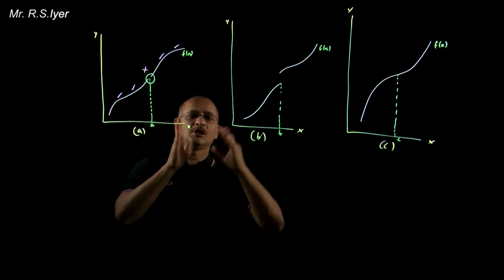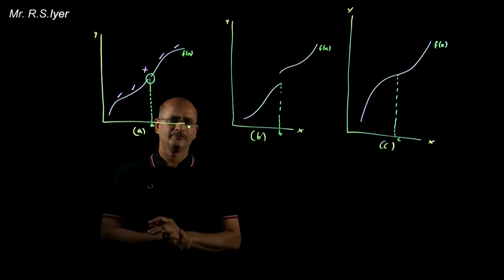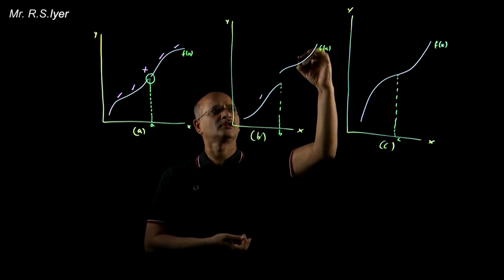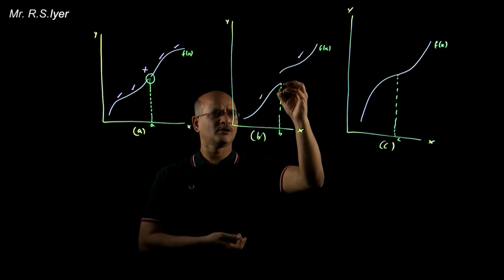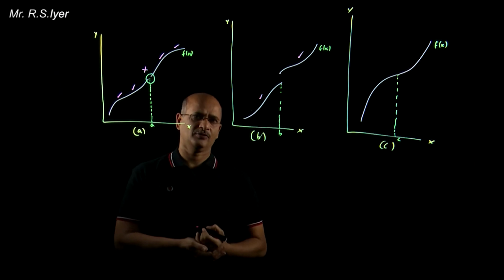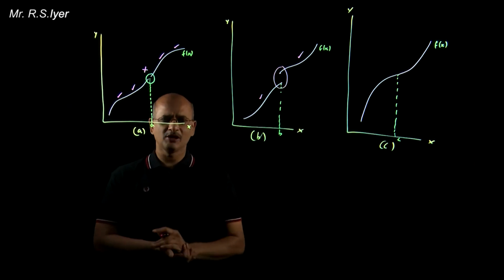Now, if I ask you to find whether in this graph the function is continuous, you will see that here it is continuous, here it is continuous, but at this particular point, there is a big jump in the graph.